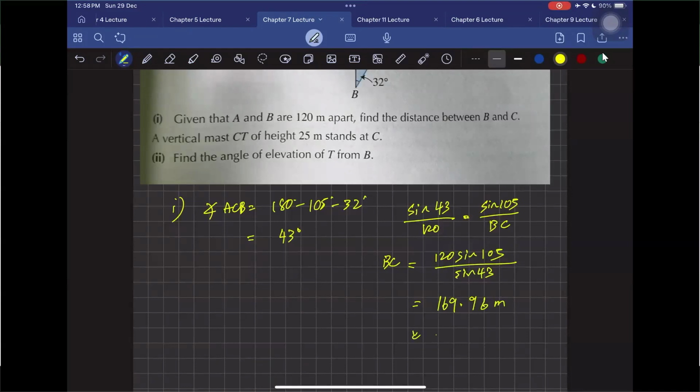So approximately 170 meters for 3 significant figures. Okay, so that's your distance calculated.